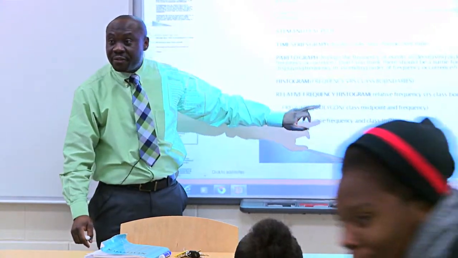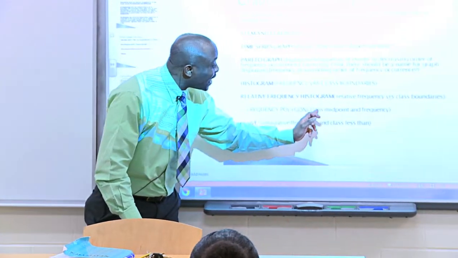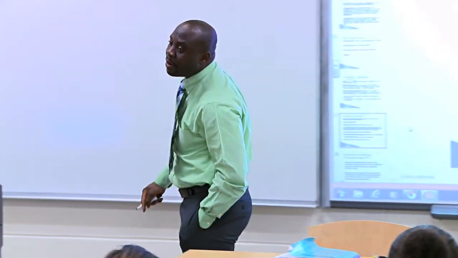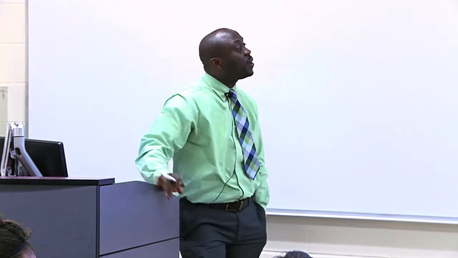In order to graph it, you need the class midpoint and then the frequency. You should find that on your PowerPoint. We are not just finding it for fun, but of course in your homework too, you are asked to find the class midpoint.